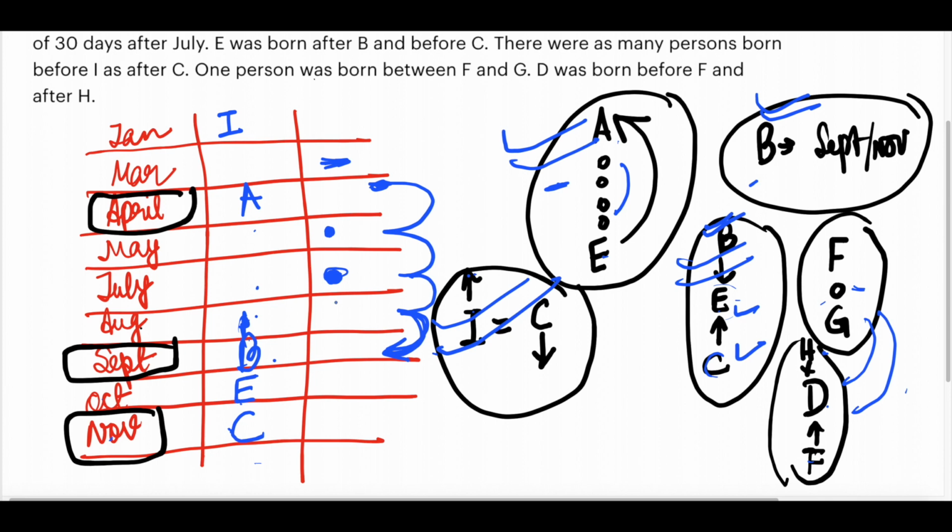Okay. Now if you place F over here, then after leaving one position you can place G here, and also you will have two places for D and H. So let's place F in this position.